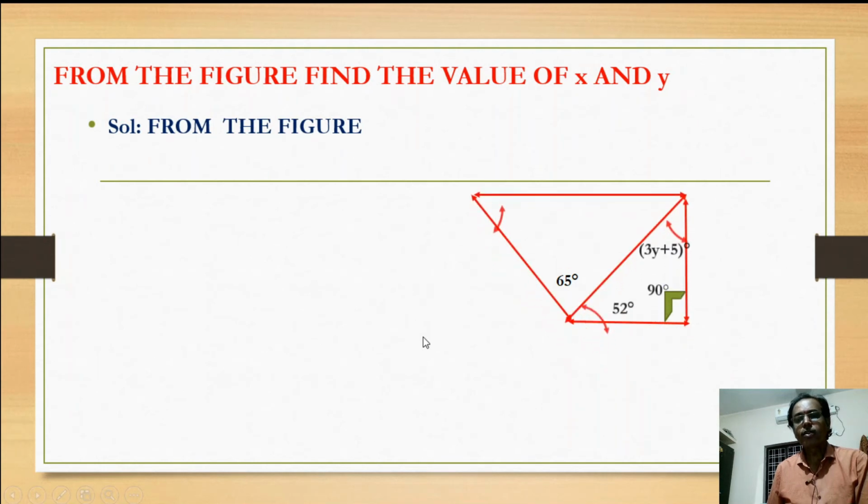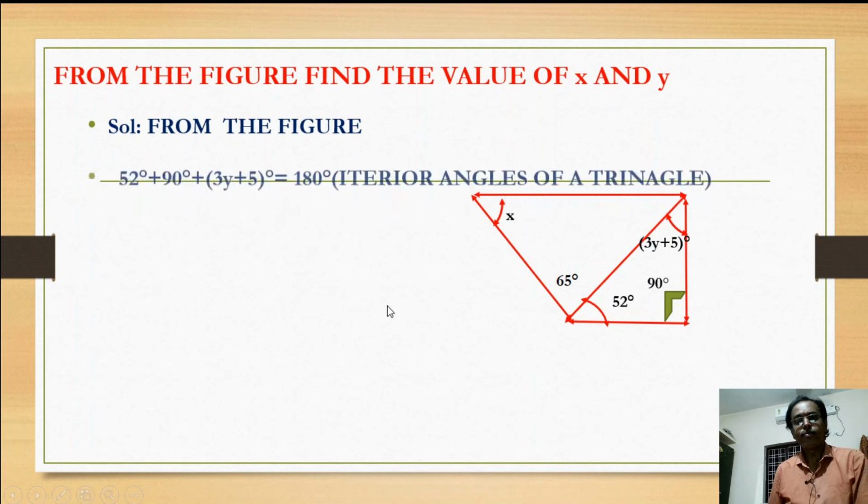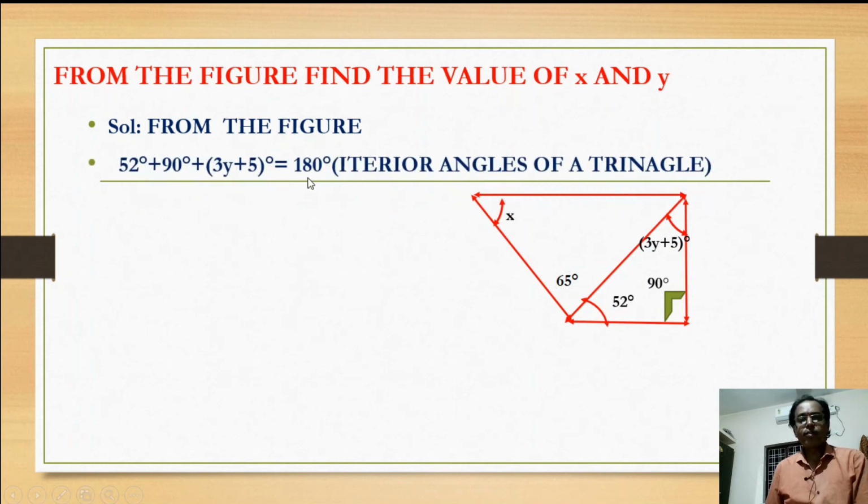Now in this figure, we also have to find x and y. From the figure we have 3y plus 5 and 90 degrees, 52 degrees in this triangle. Okay, now from the figure, first of all, this triangle, interior angles of a triangle.